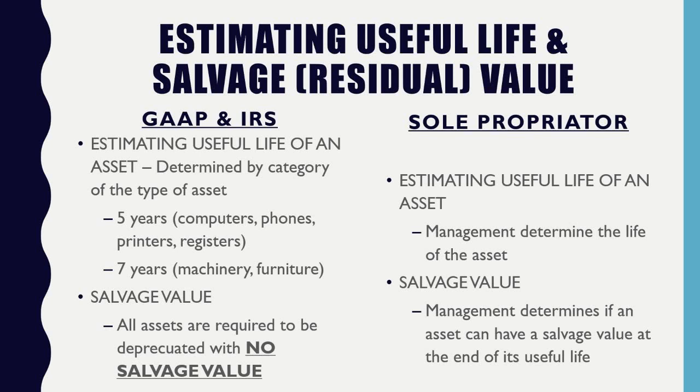However, because we are going to be a sole proprietor or a small partnership, anything like that, we actually get special privileges for the estimated useful life and salvage value. Okay? So, for example, estimated useful life.